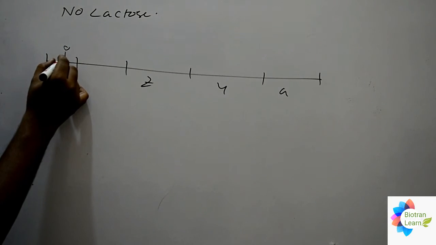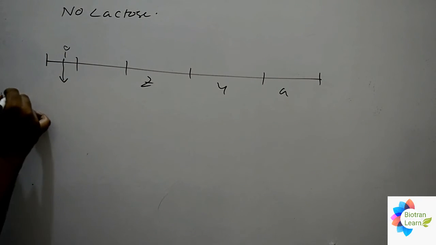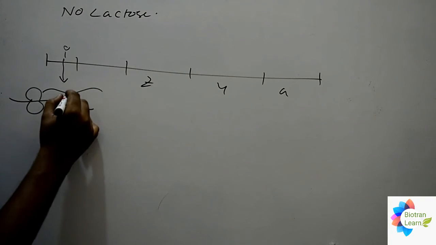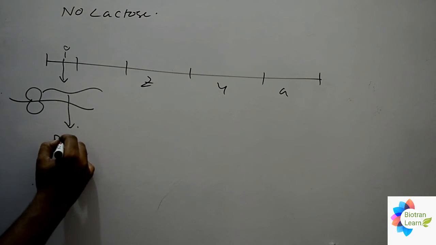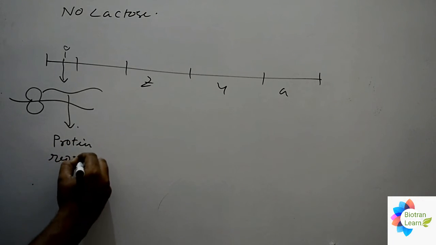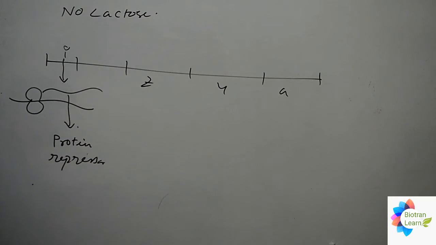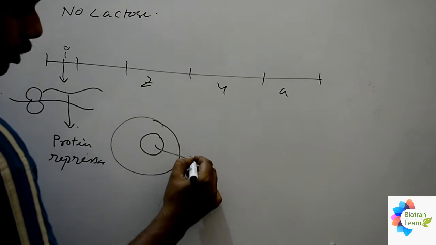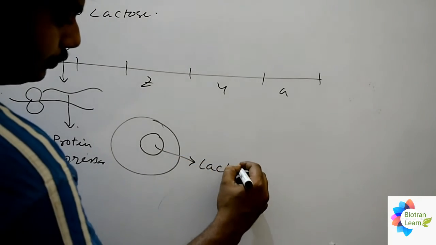The repressor I gene produces one mRNA that is translated into a particular protein known as the repressor protein, right? A repressor protein typically has a lactose binding site.